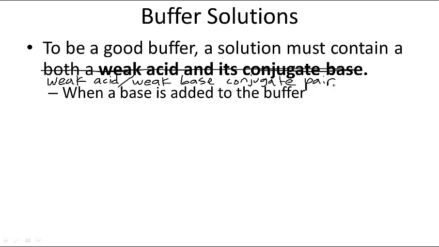And then they say, oh, what about a weak base and its conjugate acid? Would that work? And the answer is yes, because those two are the same thing. So I don't want you to think that the phrase weak acid and its conjugate base or weak base and its conjugate acid are different things. They're the same thing. So a weak acid, weak base conjugate pair.